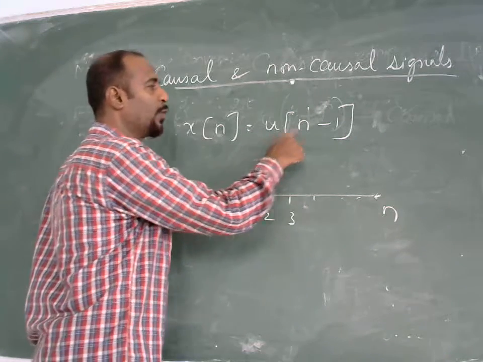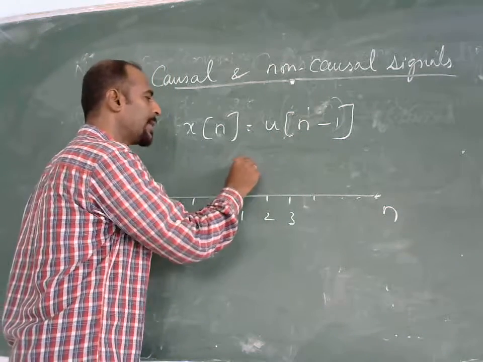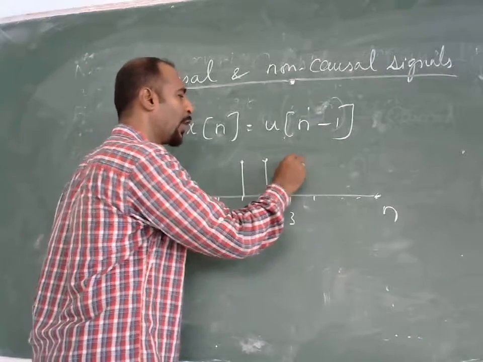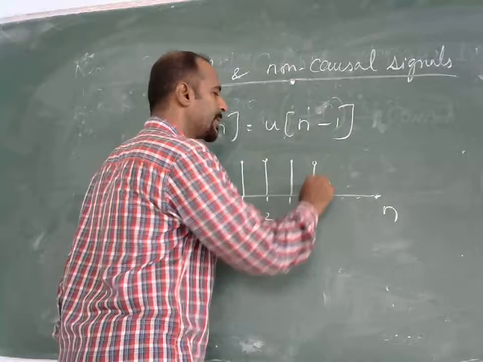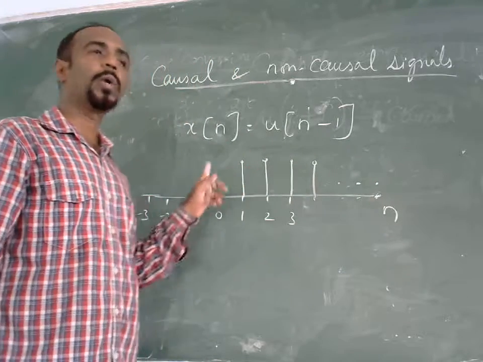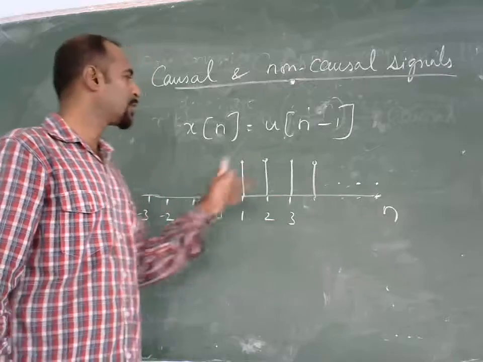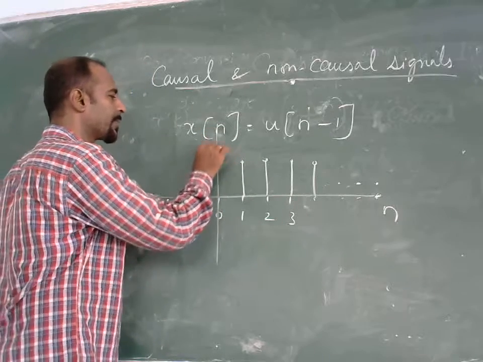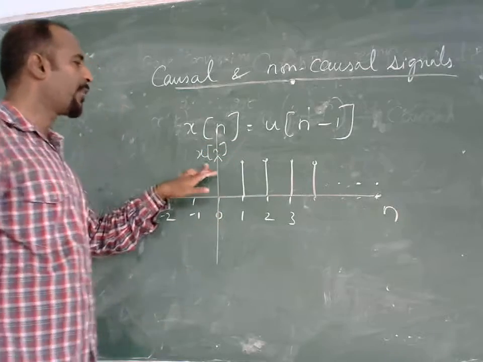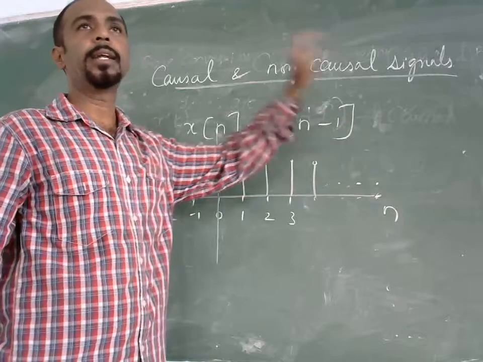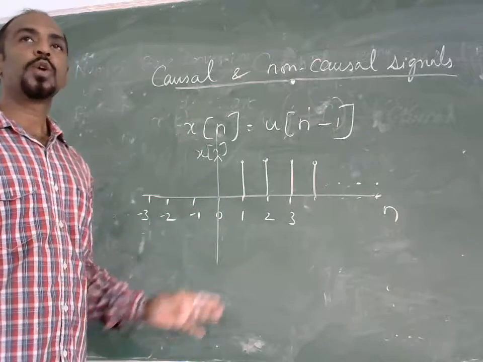So therefore, when we say u of n minus 1, it starts at n equals 1 and has a constant amplitude of 1, and since this is a discrete time signal, it exists for only discrete values of n. So therefore, this is our x of n signal, a unit step function starting at n equals plus 1.